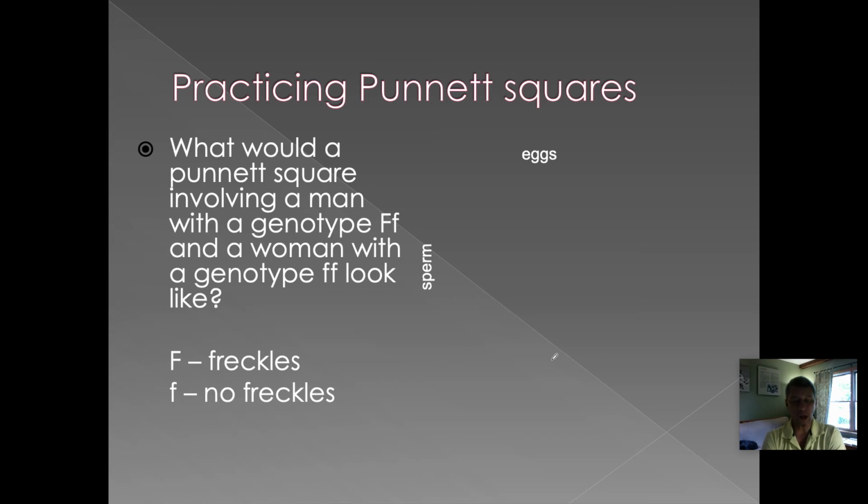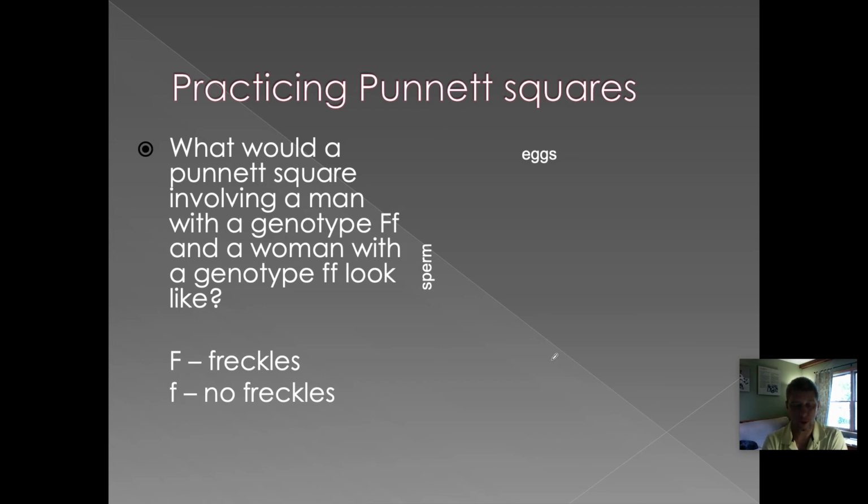And so how do we then go about predicting what the offspring in this particular case will look like? Well, the first thing we have to do is figure out what kind of sperm dad can produce and what kind of eggs mom can produce. Well, dad is heterozygous, so he can produce 2 different kinds of sperm.